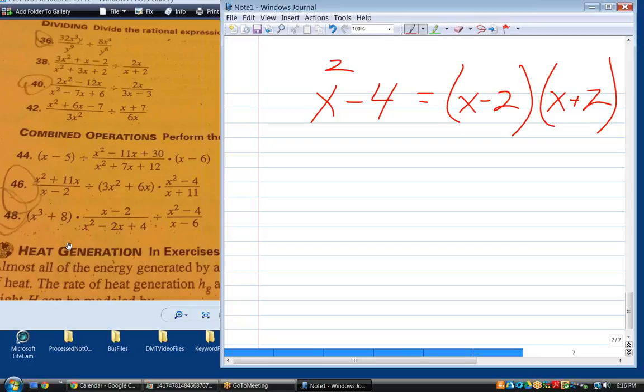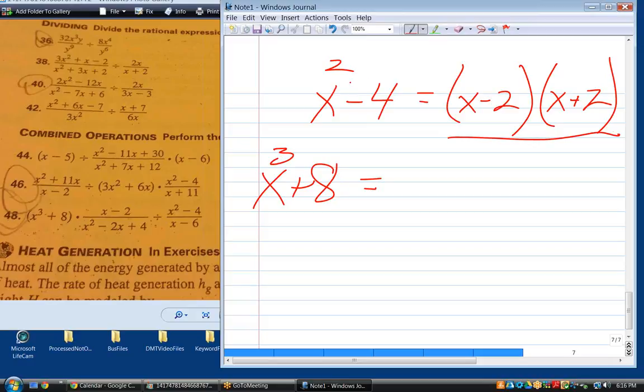And you need to be able to memorize sum of cubes and difference of cubes. What is x cubed plus 8 factor into? Isn't it x plus 2? Now see, the fact that you can't remember whether it's plus or minus in the first term is the reason that I memorize this that way.